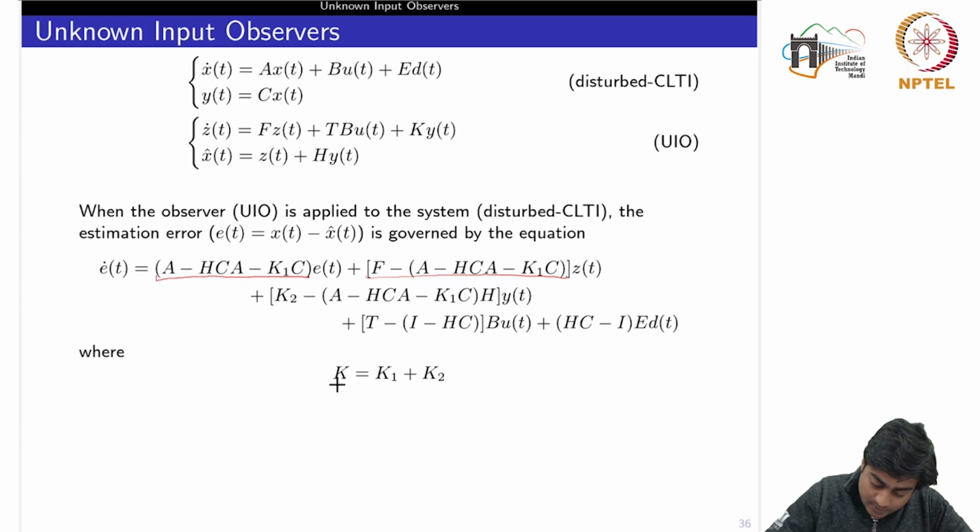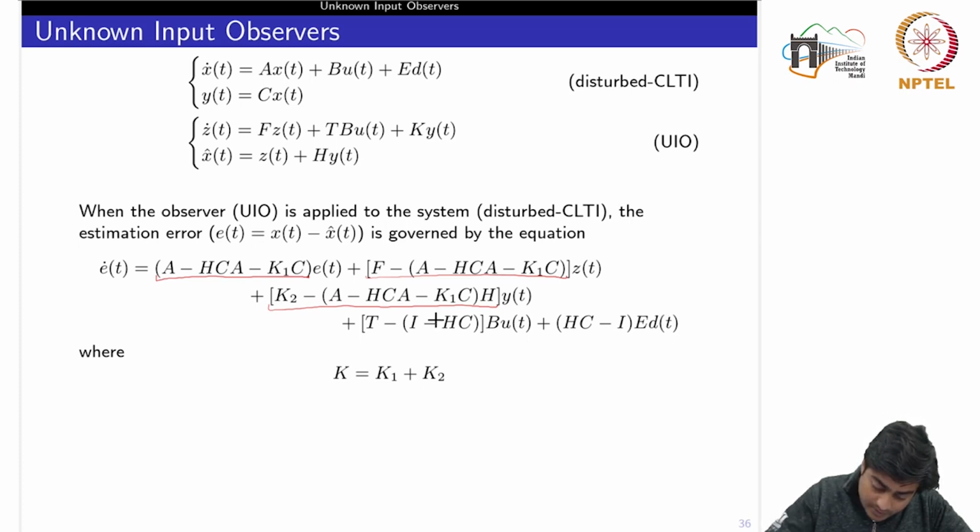Here we have introduced K as equal to K1 plus K2, and finally I can write this as some matrix times y(t), some matrix times u(t), and some matrix times d(t).